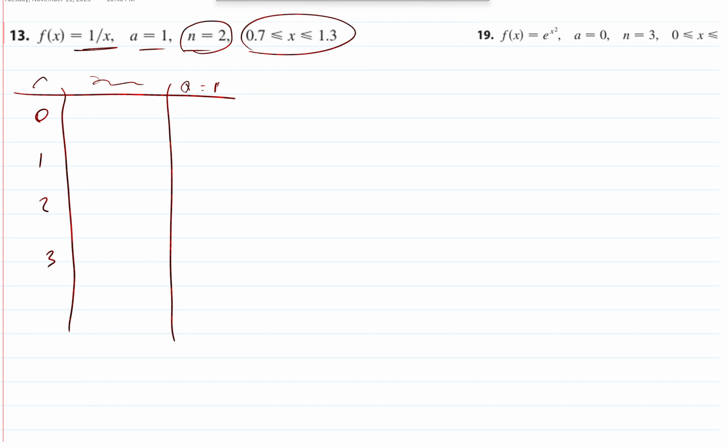Alright, now what do we do? First thing, we need to convert 1 over x into x to the negative 1. The derivative of x to the negative 1 is negative x to the negative 2. The derivative of that is 2x to the negative 3.